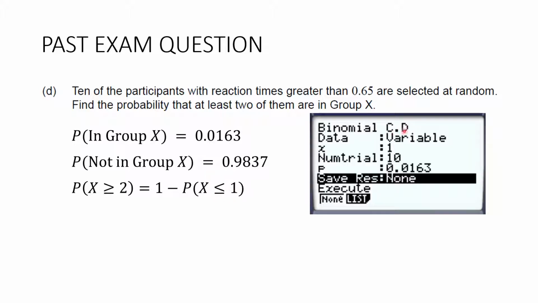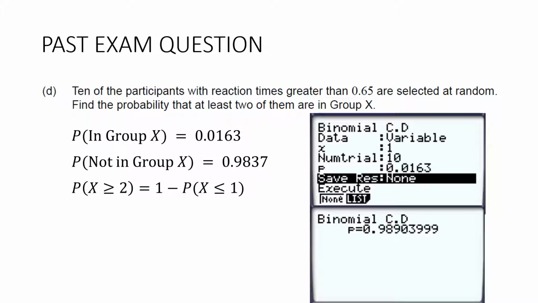It's going to be CD because it's cumulative. The upper limit is 1. The number of trials are 10 of the participants. The probability of success is 0.0163. Hit EXE, we get 0.989. 1 take away 0.989 is 0.01096.